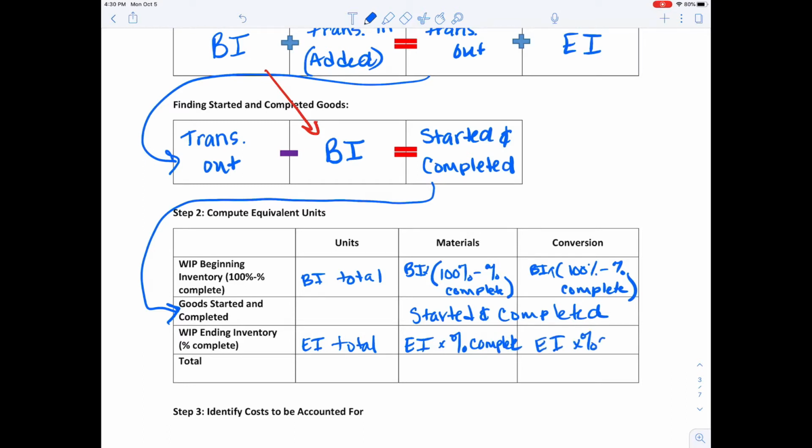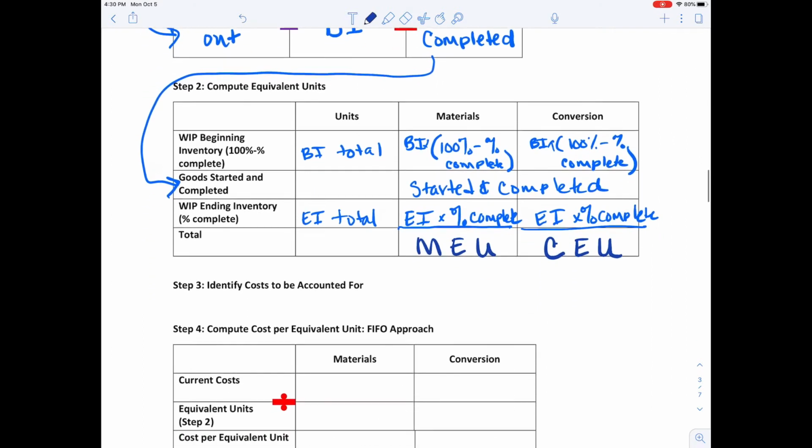Same thing for the conversion cost. Then I'll add all those together and finally come up with my materials equivalent unit and my conversion equivalent unit.